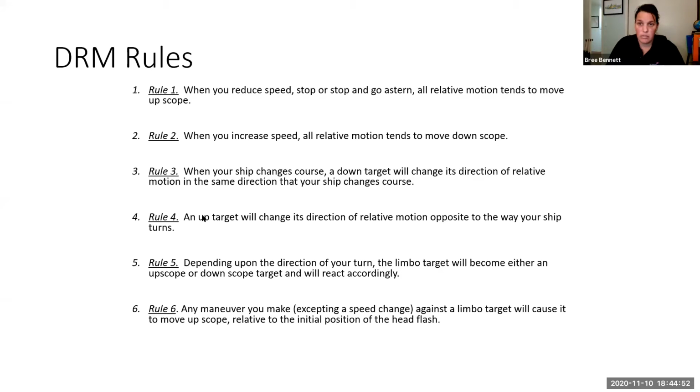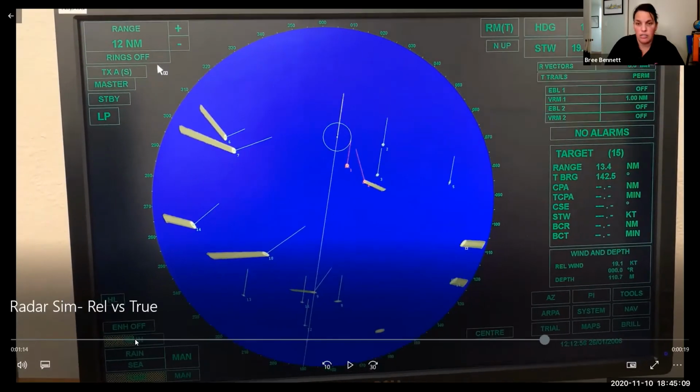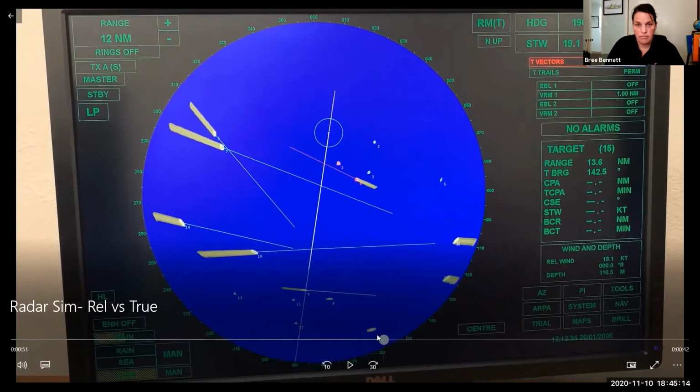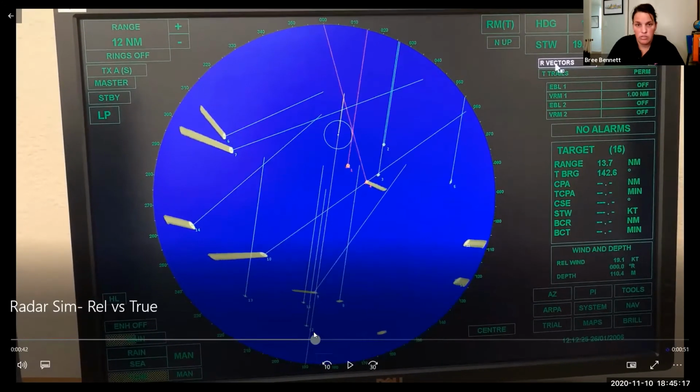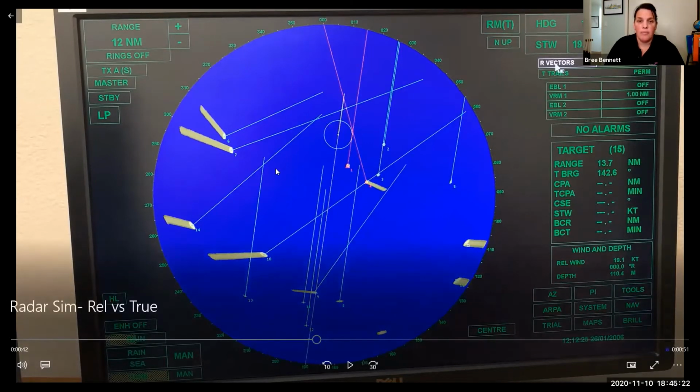Let me go back to my video. When we're looking at our relative motion lines, I think I make them longer. There we go. These are super long relative motion lines. But if you change, these lines will move one way or another.